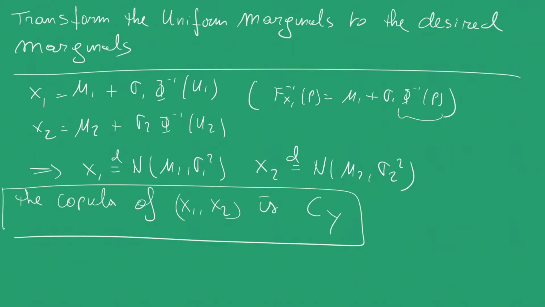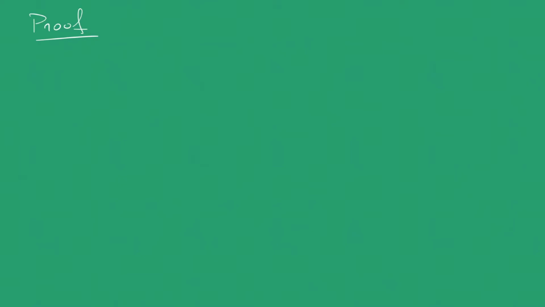And on the next slide, I will give a short proof for that. Let's prove that the copula of the random vector x1, x2 is still the copula cy. So we start with this joint probability. Using the definition of x1 and x2, we have that this joint probability can be written as follows.